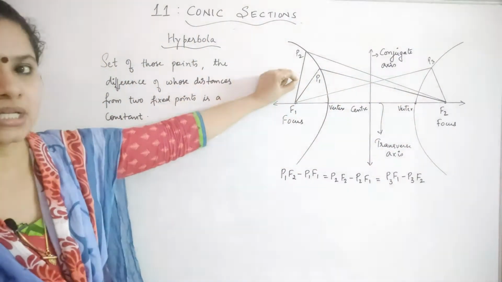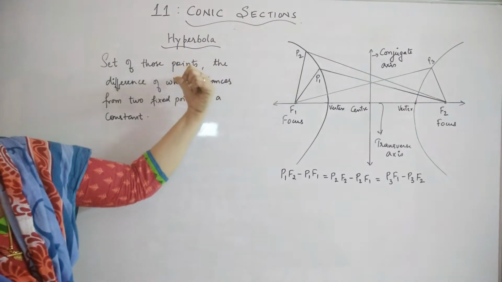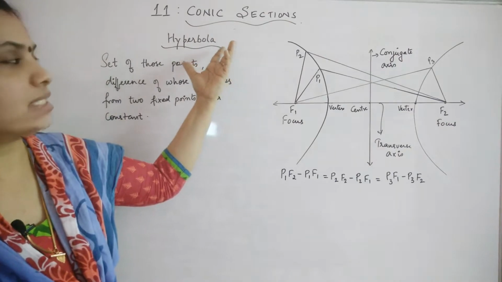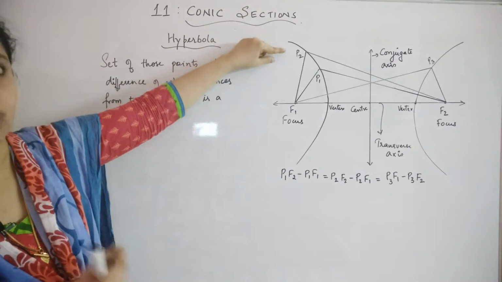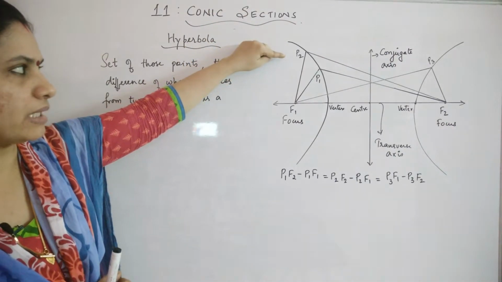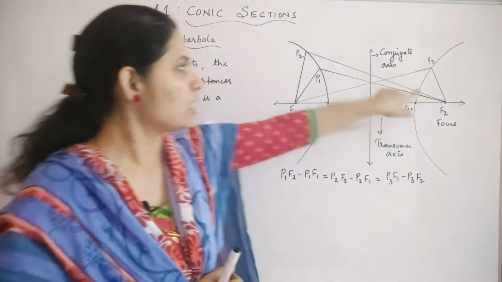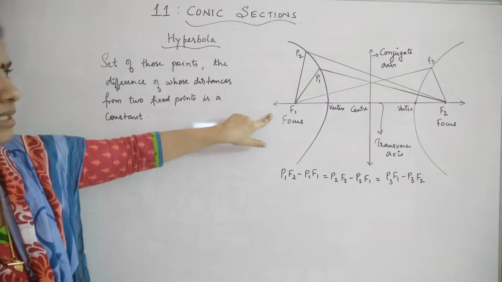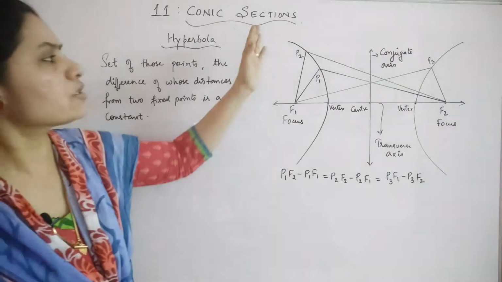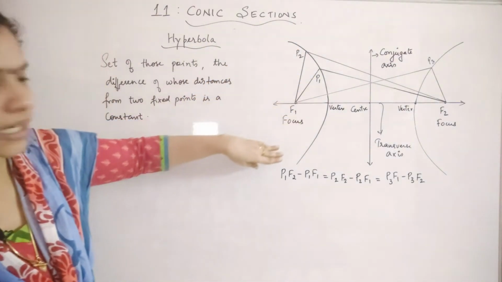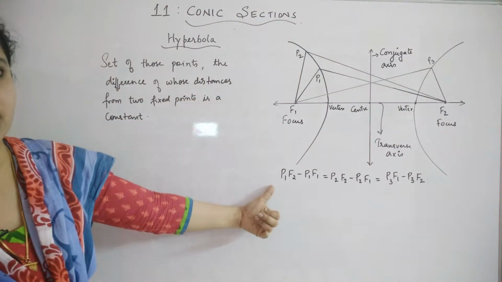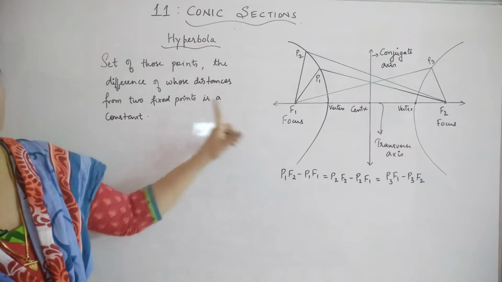Again we are taking another point, and that should also maintain the same property. That is, p2 f2 minus p2 f1 should be a constant, the same constant. Again going to another, so like this, when we get a collection of points, joining those points which satisfy this condition will give you the shape of a hyperbola.